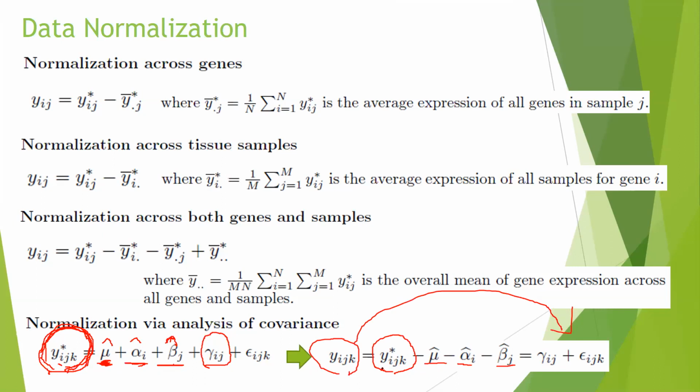By doing this, we correct the observed value by removing the estimated unwanted effect. So the remaining part reflects the real gene expression for this gene in this sample for this replicate. So this is one way we can do the data normalization.